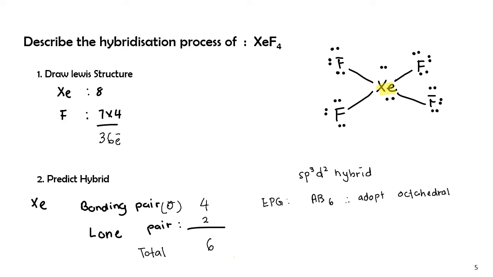Okay, so this one is not important, these two. What is important for this part is you predict the hybrid, and these two are only to guide you for step number 4, which is you need to draw and show the overlapping of the sigma bond.